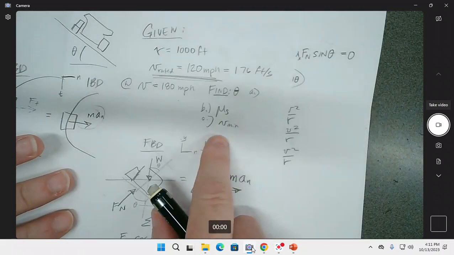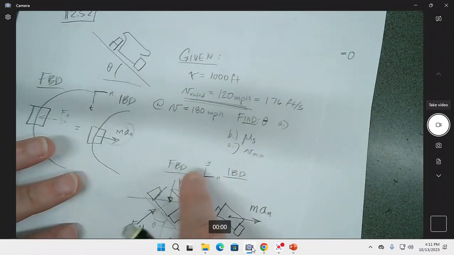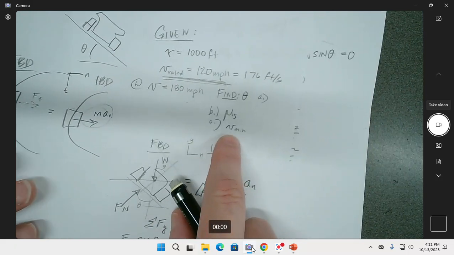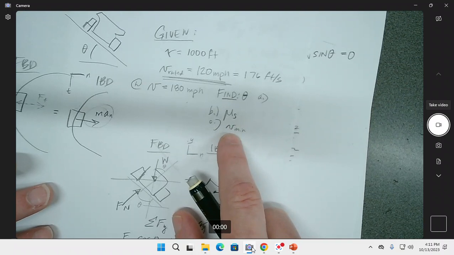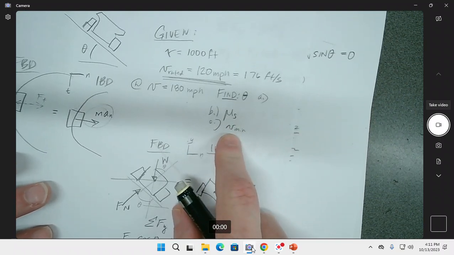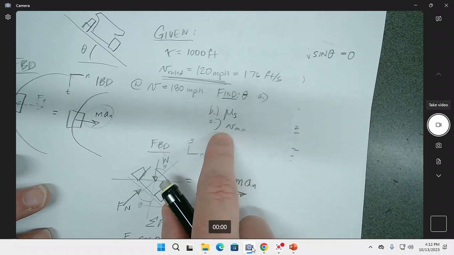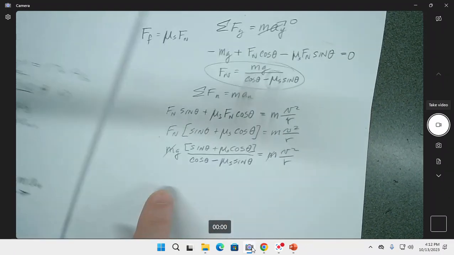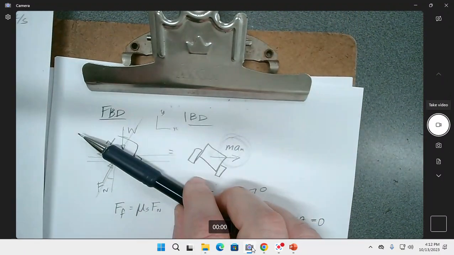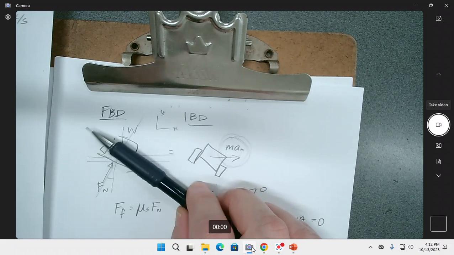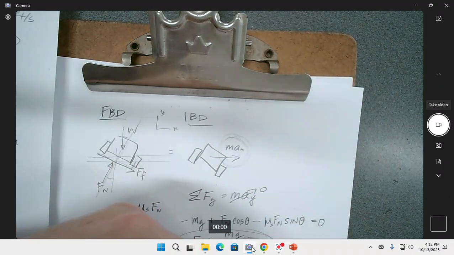Just to torment you more, you would do it close to being the same, but you'd probably be better off drawing an entirely new free body diagram and working through it with this part C. Because you would need to draw this, but now with the friction coming up this way. And that would be the minimum speed that you would need so that you wouldn't start sliding down towards the center of the track.